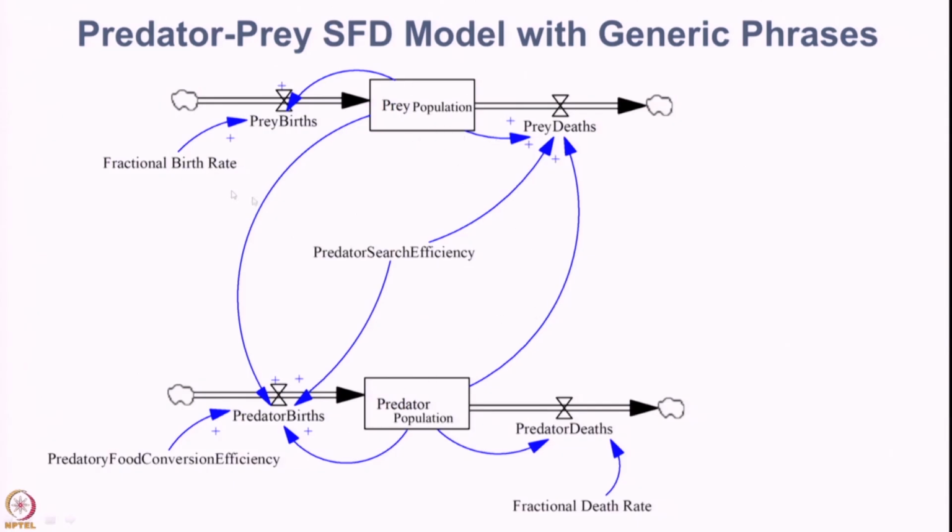In fact, the prey can be grass and the predator could be deer or rabbits which eat the grass, or prey could be deer and the predator could be lions, and so on and so forth. But a similar structure for a predator and prey population will result in oscillatory behavior among the predator and the prey population.